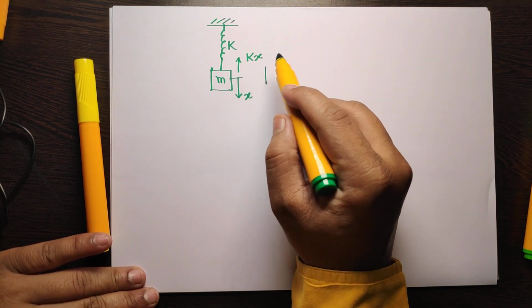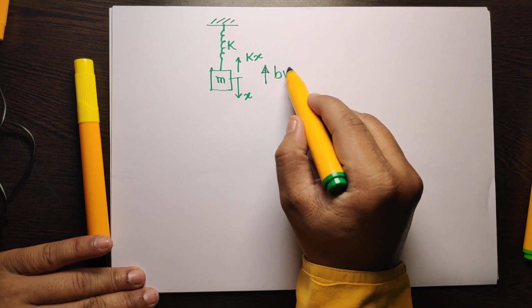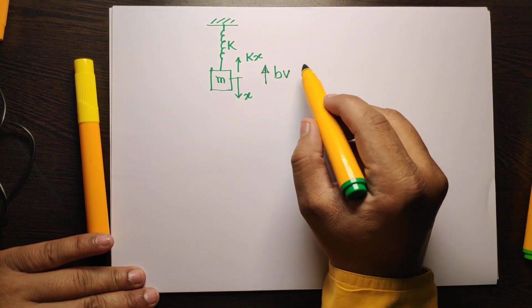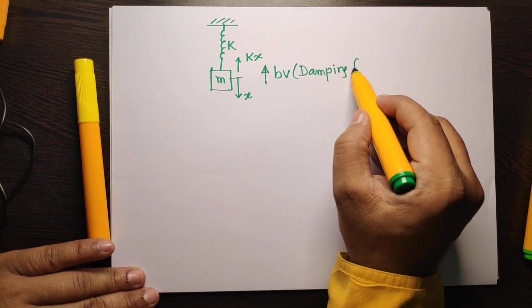So this is the damping force, b is the constant of proportionality.